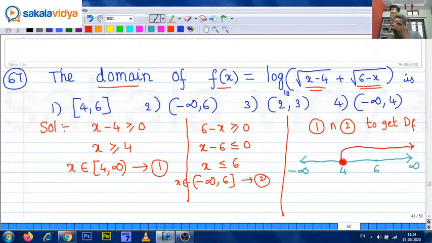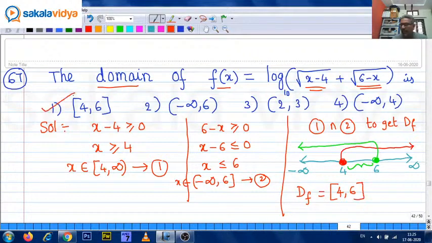Next, 6 to infinity, where 6 is included. So now 4 to 6. The domain D f is equal to closed 4 comma 6 closed. That means the first option is the right option.